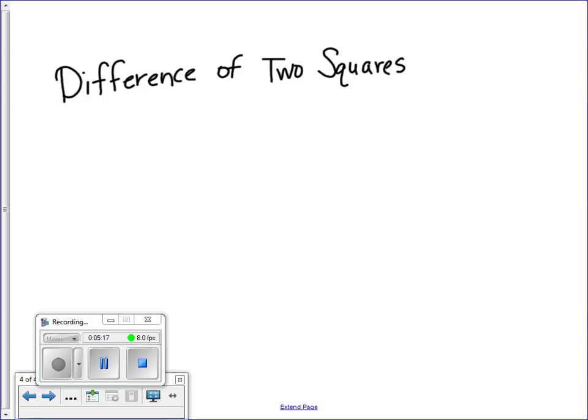Guess how many numbers we're going to have? Two. And guess what kind of numbers they are going to be? Squares. And what operation will be in the middle? Subtraction, because it's difference of two squares.